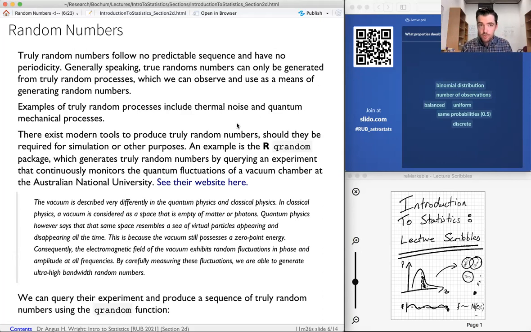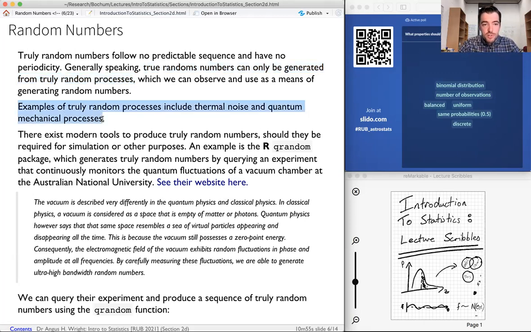They'll never show any sort of correlation or predictability in their sequence. True random numbers, generally speaking, can only be generated from actual, real, true random processes in nature. There is no mechanism that we can use to generate truly random numbers that doesn't involve some sort of true random process that we can observe and monitor.